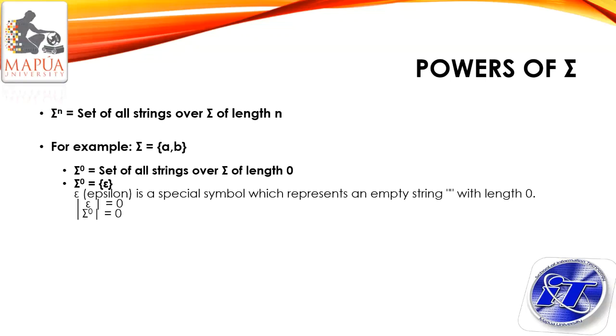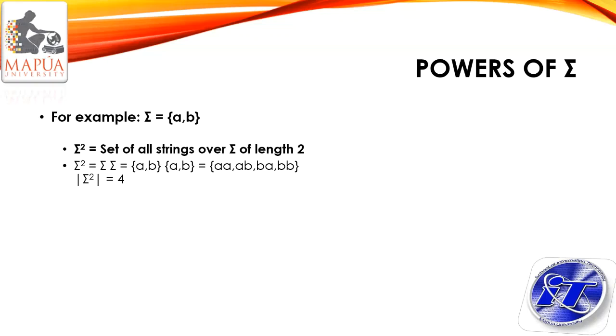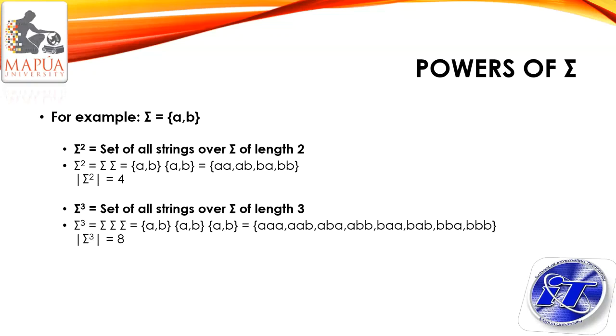Sigma raised to 1 means length of 1, so we have two symbols. For sigma raised to 2, length of 2, we have 4 possible values. For sigma raised to 3, length of 3, we have 8 possibilities.